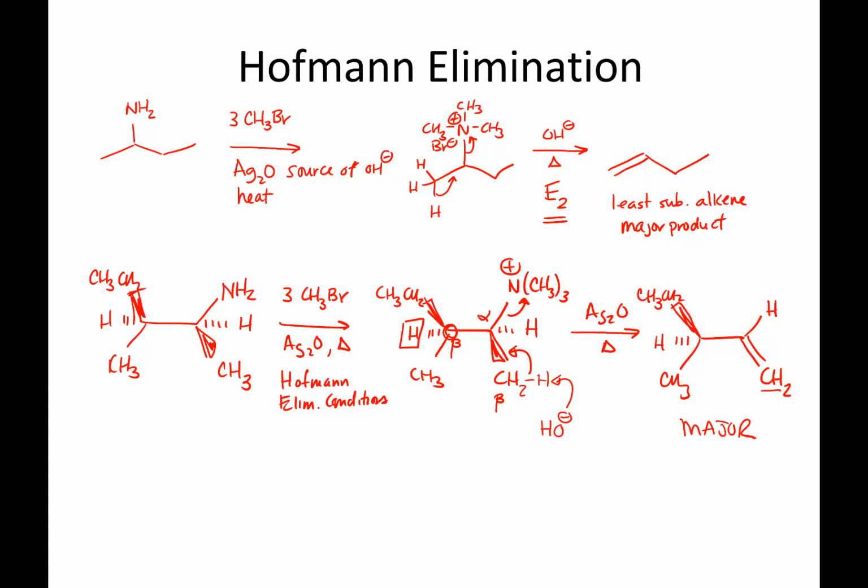Okay, and so this hydrogen right here, if I pull up my laser pointer, this hydrogen right here is going to also be lost. Now, because this is an E2 mechanism, I have to orient that hydrogen and the ammonium group to be anti-periplanar. And so that means this hydrogen will have to come down to the position where it's anti-periplanar to the leaving group.